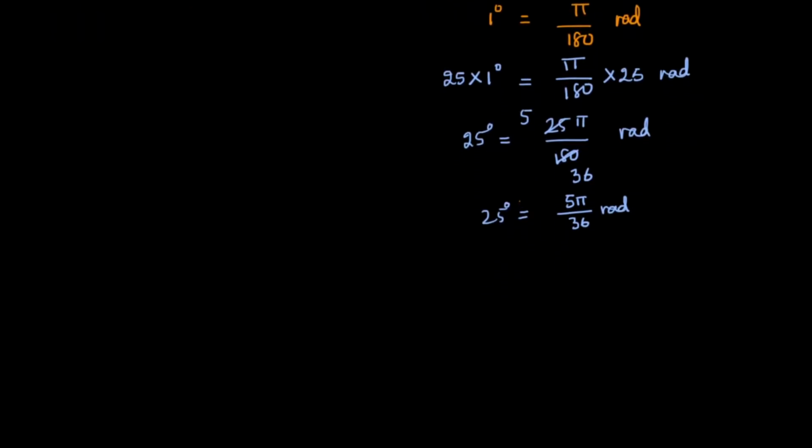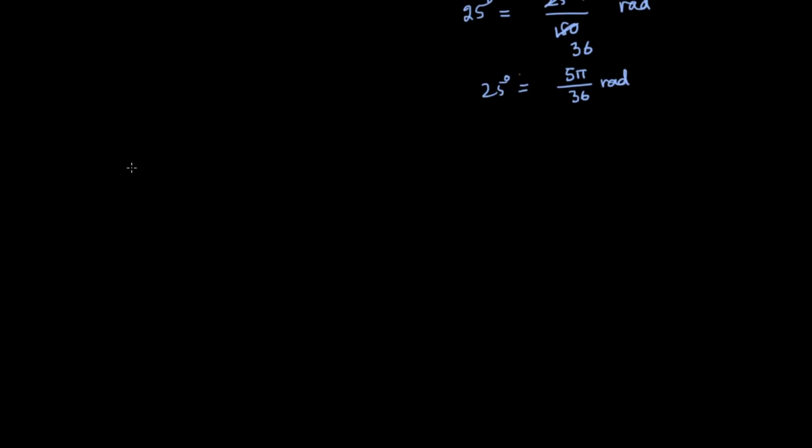Next we have, again for the sake of reference, let's write down 1 degree is equal to pi by 180 radians, right? The second one says minus 47 degrees and 30 minutes. Here we can convert this degree part, but it'll be useful to convert this minute part into degrees as well.